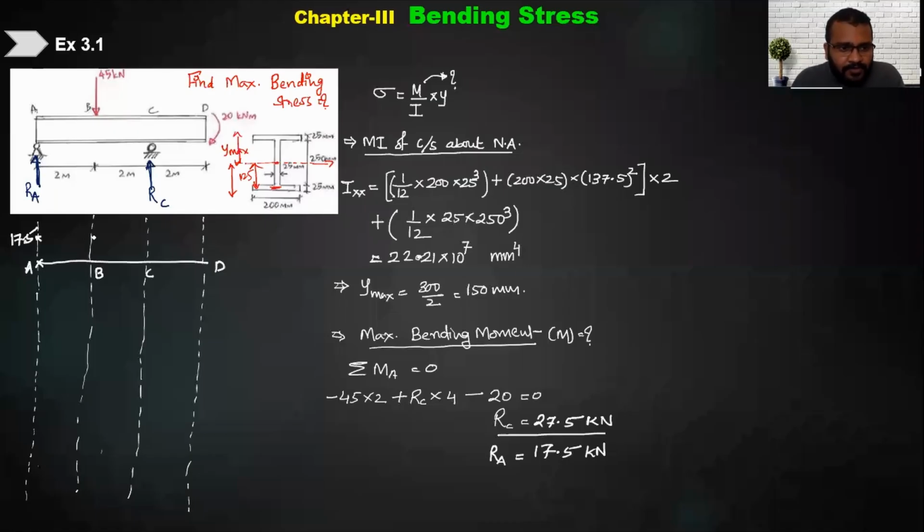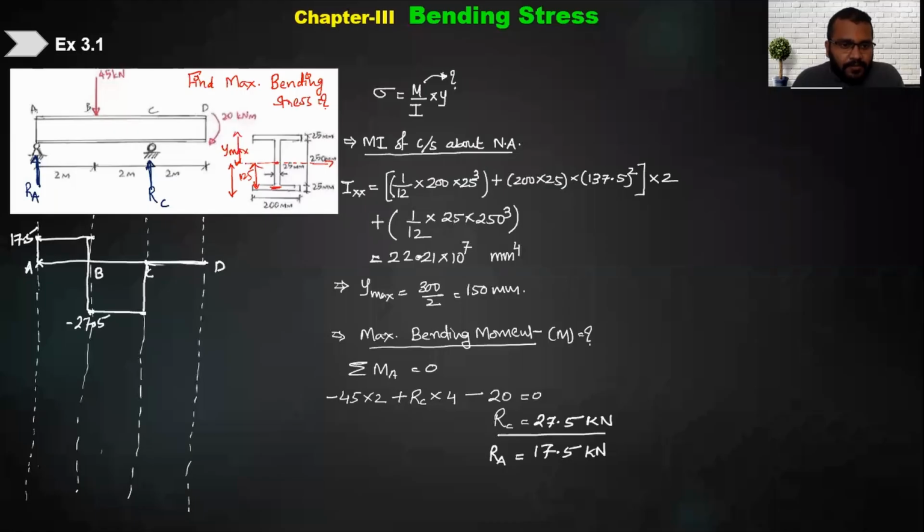From 17.5 it goes down, 17.5 minus 45 would be minus 27.5, right? Then at RC, minus 27.5 goes back up and then you will get 0. And at D there is nothing on the right side, so simply it goes up, then down, then along, and here it is 0 and here it is 0. Okay, so the SFD is made.